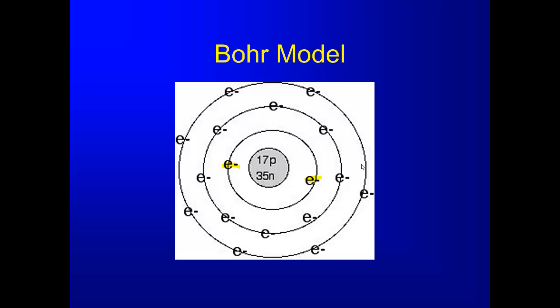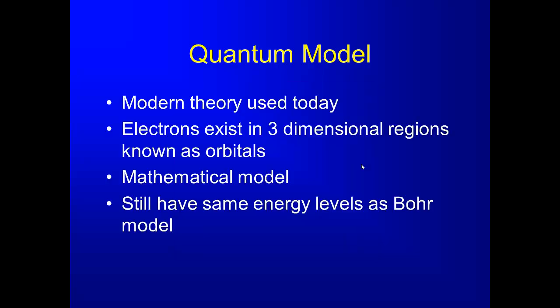So they did more research, of course, and what we're going to be looking at is where those electrons are. It's going to be similar, but we're going to get a little bit more detailed about where the electrons actually are. So we're going to be using the modern theory called the quantum model. Top of page 8.